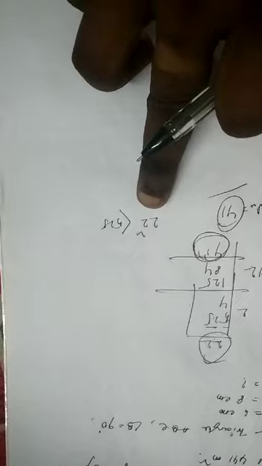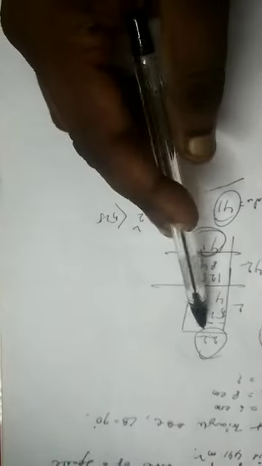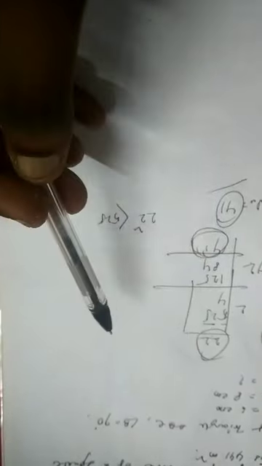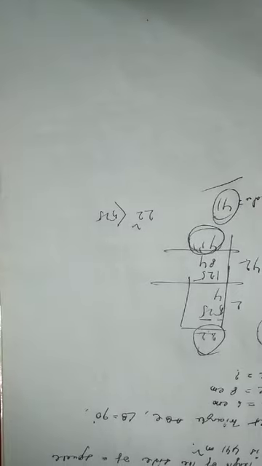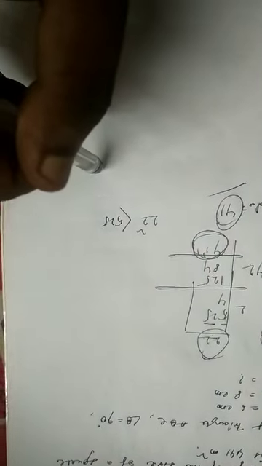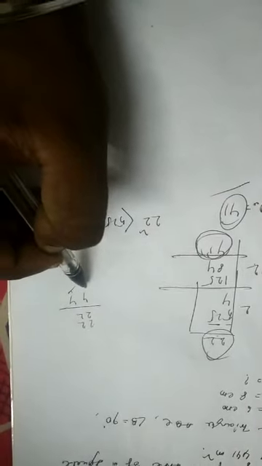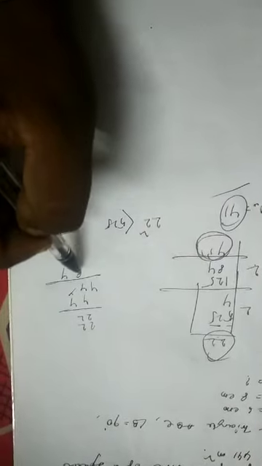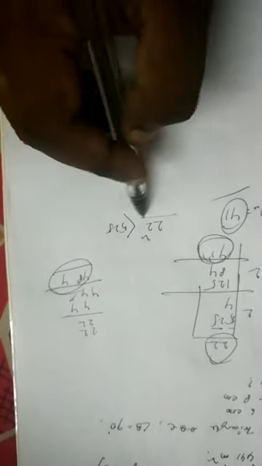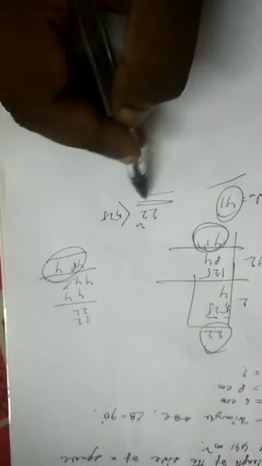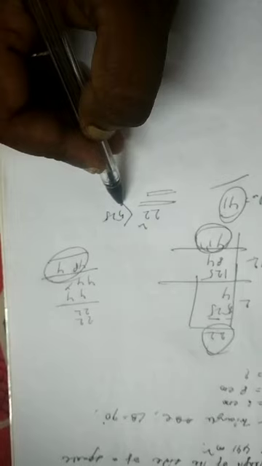That means 22 square is lesser than 525. If you check, 22 square is 484. 484 is lesser than 525.